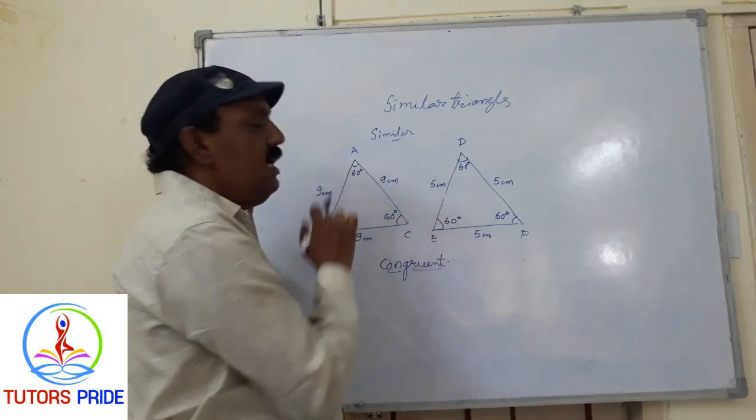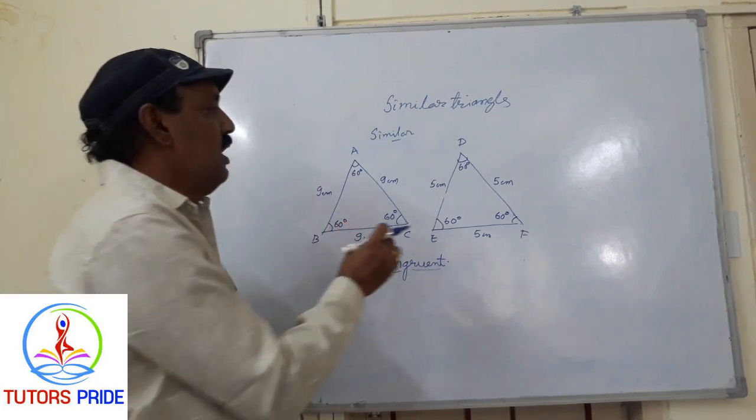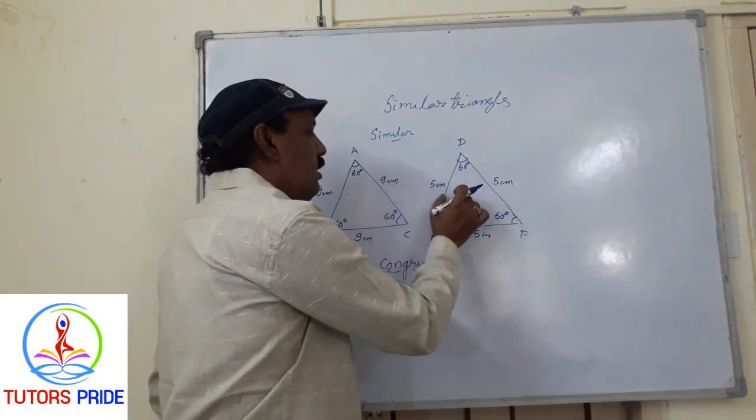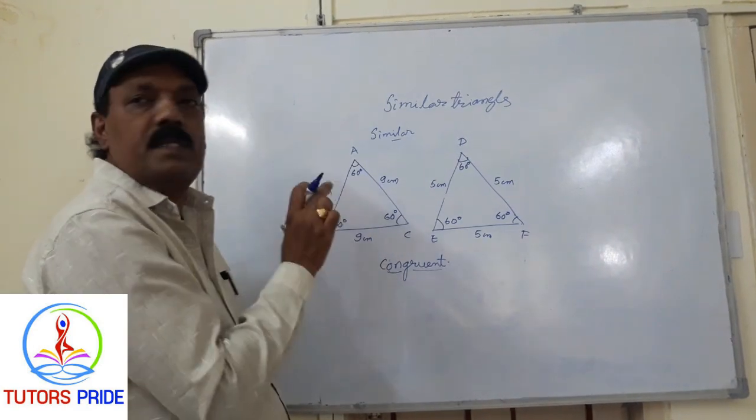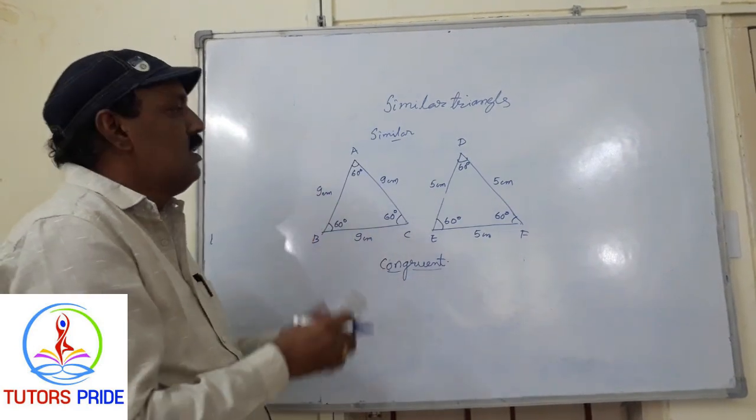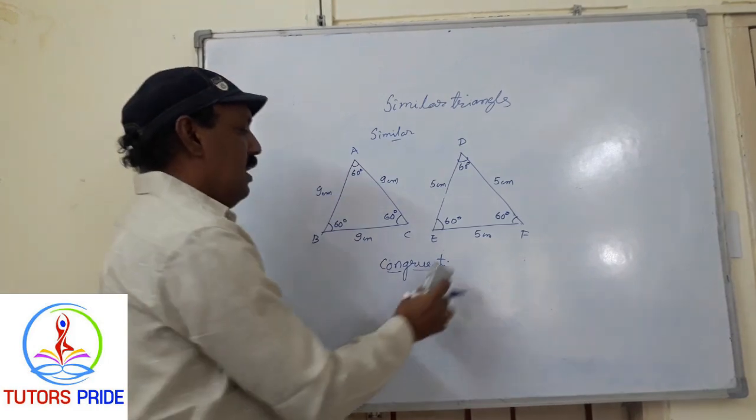But in similarity, the sizes are not necessarily equal; they have similar shapes but not necessarily the same sizes. This is the concept of similar triangles.